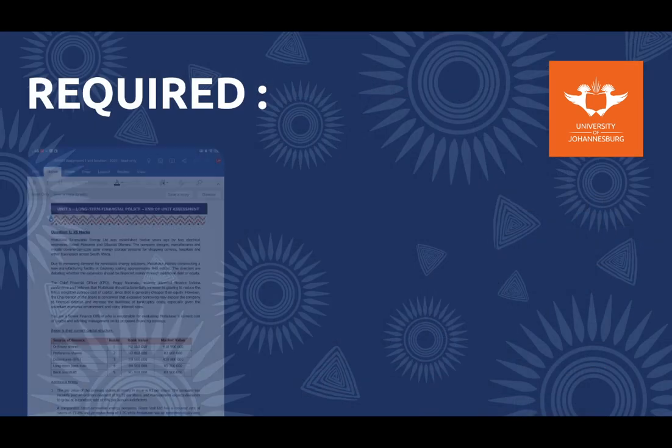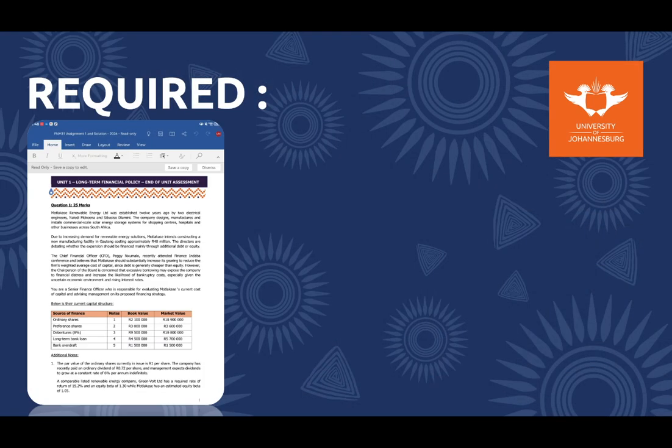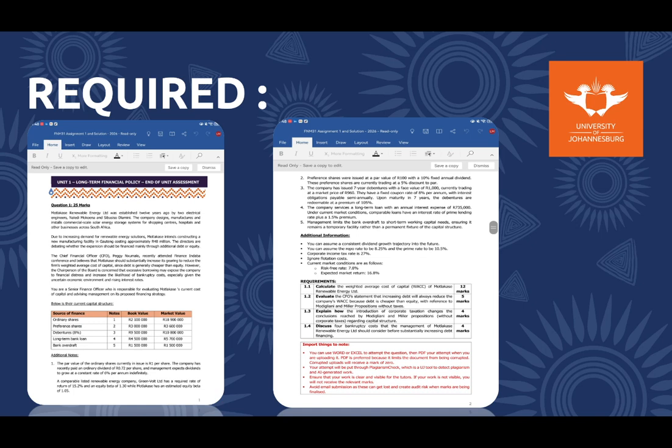So the required for this specific assignment was to talk about Mutlakatsi Renewable Energy Limited, that was established 12 years ago by two electrical engineers, Naledi Mukwena and Spusiso Dlamini. The company designs, manufactures, and installs commercial-scale solar energy storage systems for shopping centers, hospitals, and other businesses across South Africa.